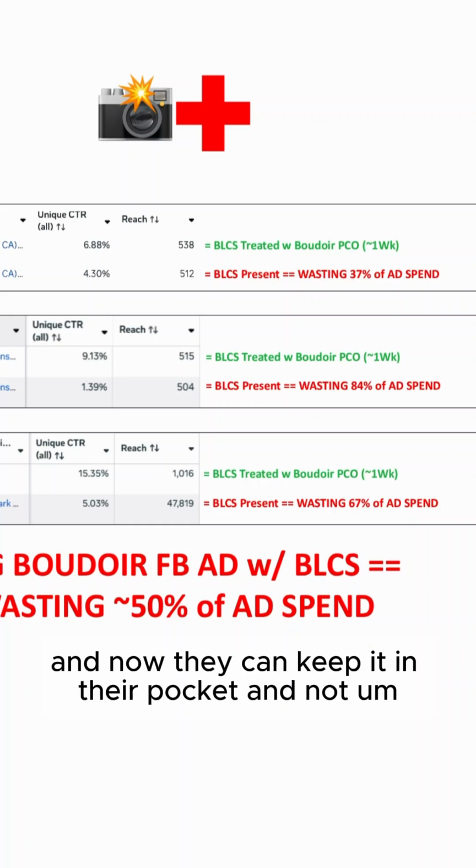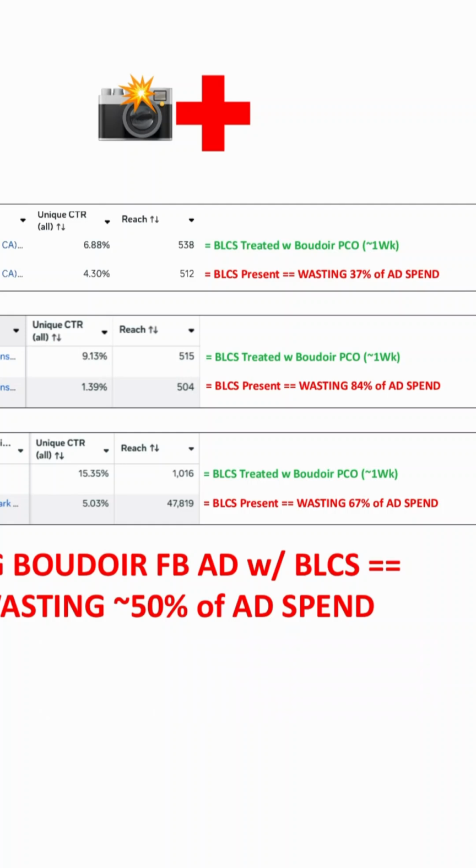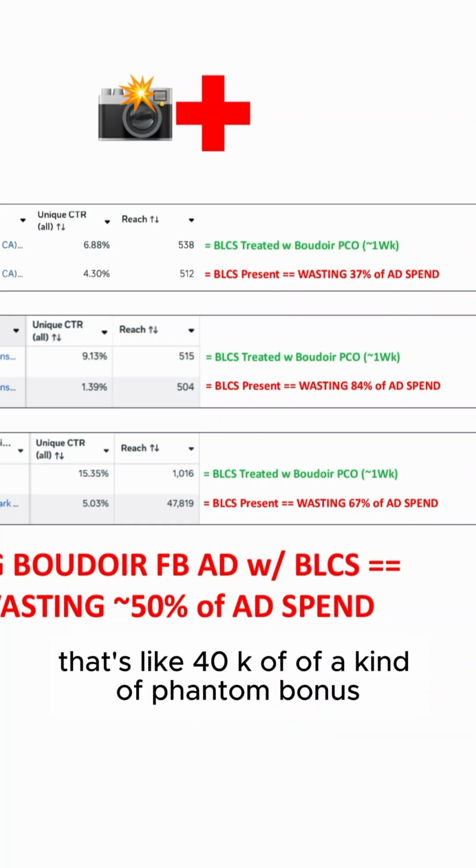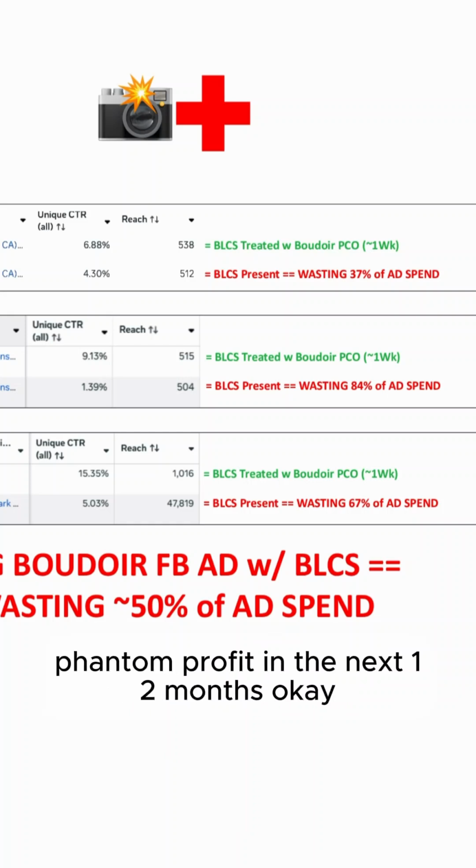And now they can keep it in their pocket and not actually waste it. That's like 40K of phantom bonus, phantom profit in the next 12 months.